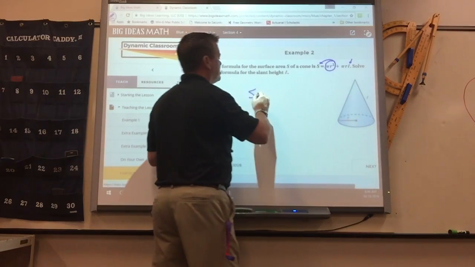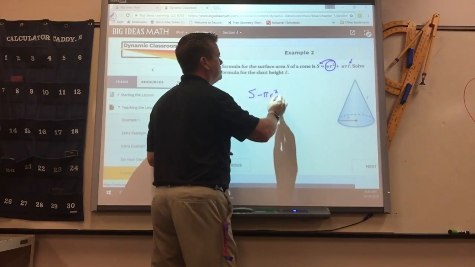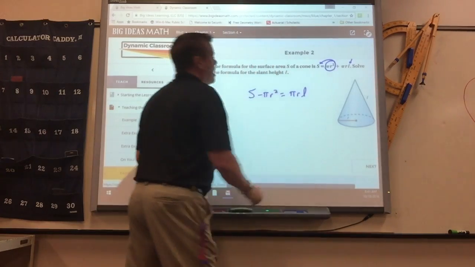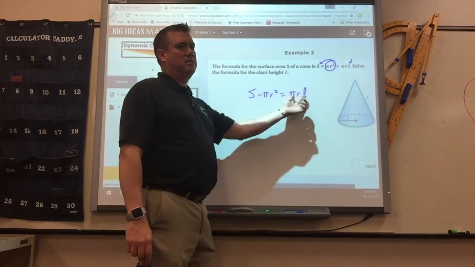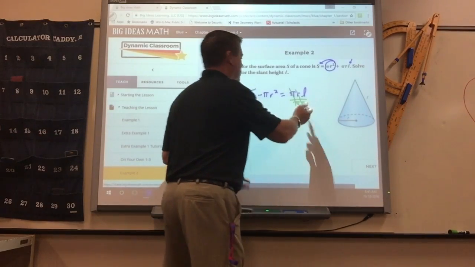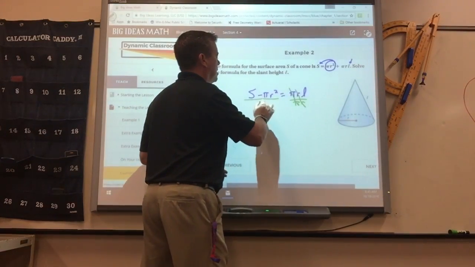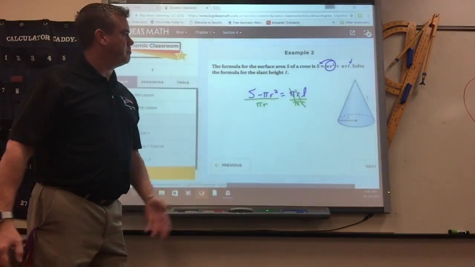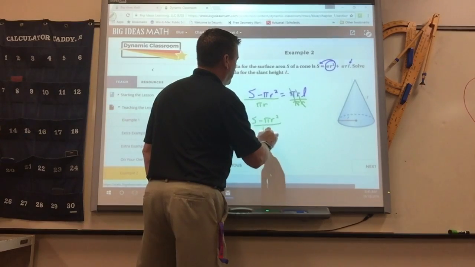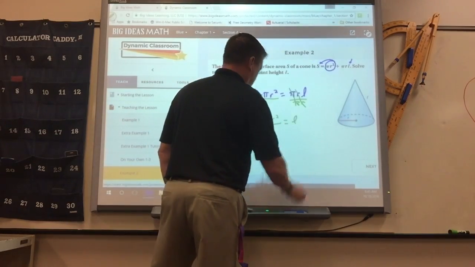This would change from plus to minus pi r squared equals pi r L. Now what do you do to get rid of the pi r? Divide by pi r. Because then they both cancel. And then you just divide this all by pi r. Okay? And you're done. S minus pi r squared divided by pi r equals L.